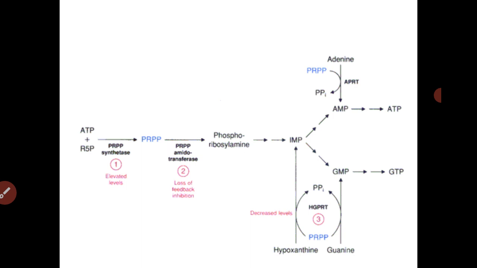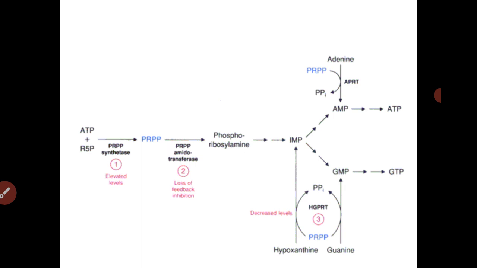So the enzymes are PRPP synthetase, which is utilized for the activation of ribose 5-phosphate, and the enzyme PRPP amidotransferase, which catalyzes the first step in de novo synthesis of purines, that is conversion of PRPP to phosphoribosylamine, and the enzymes of salvage pathways such as hypoxanthine guanine phosphoribosyl transferase and adenine phosphoribosyl transferase.